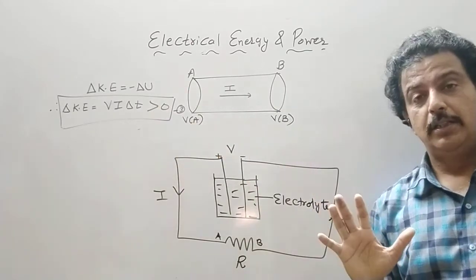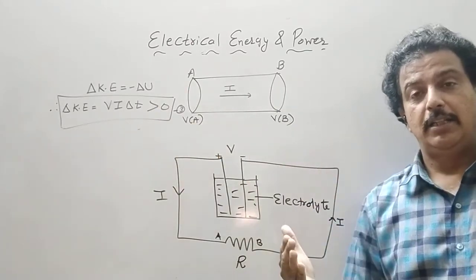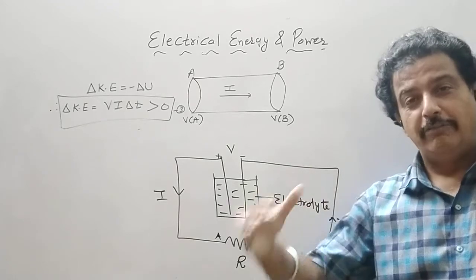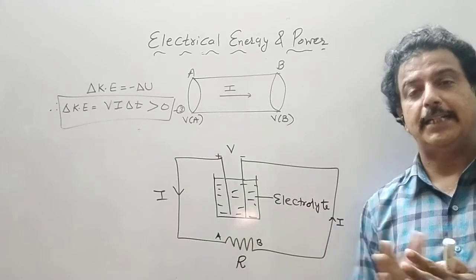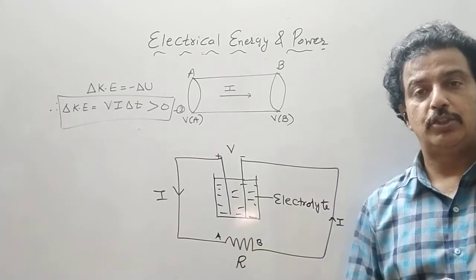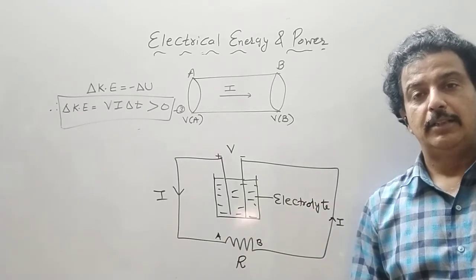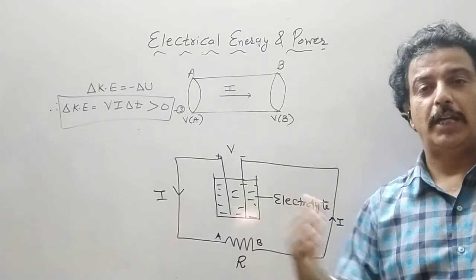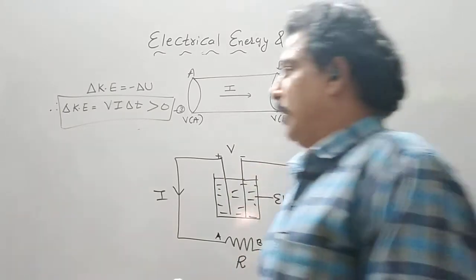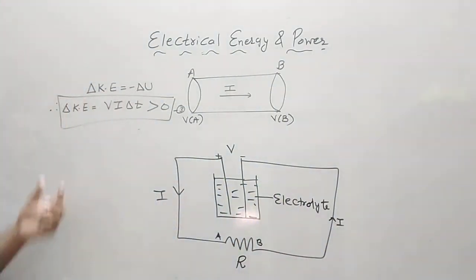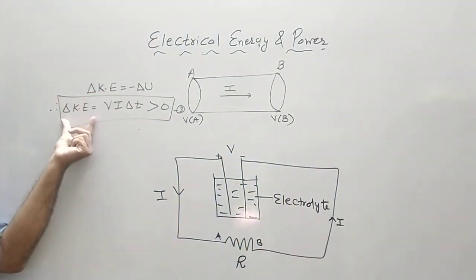the charge, and that kinetic energy of a charge will be dissipated in the form of heat energy, because inside the conductor the potential energy of the ions increases, or their amplitude increases, and they collide with the wall of the conductor. So according to the work energy theorem, this is the increase in kinetic energy.